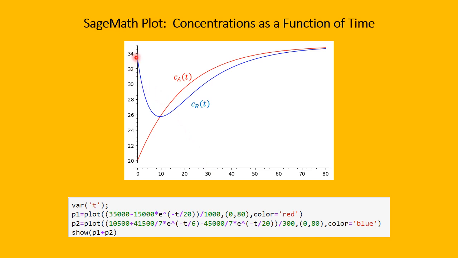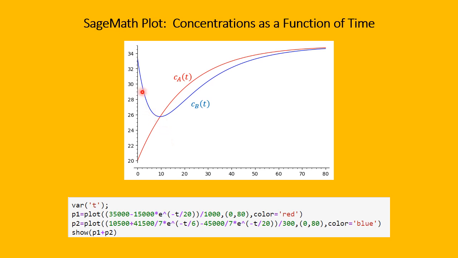If we look at this, for tank A, we start with 20 grams per liter of salt, and as time goes on, the concentration increases towards 35. 35 is up here, I guess.